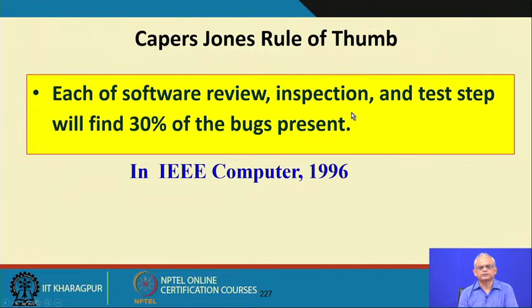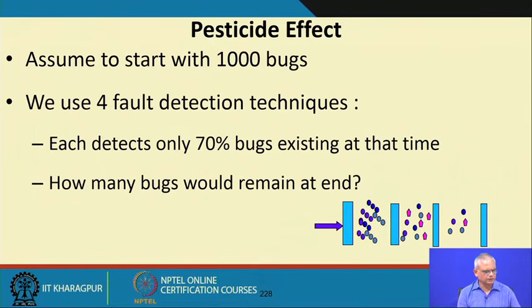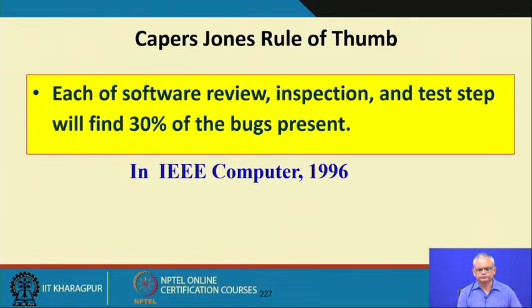In review, we get some bugs exposed. During inspection, we get some more bugs exposed, and then there are various types of testing, and in each of those we get only 30% of the bugs present.